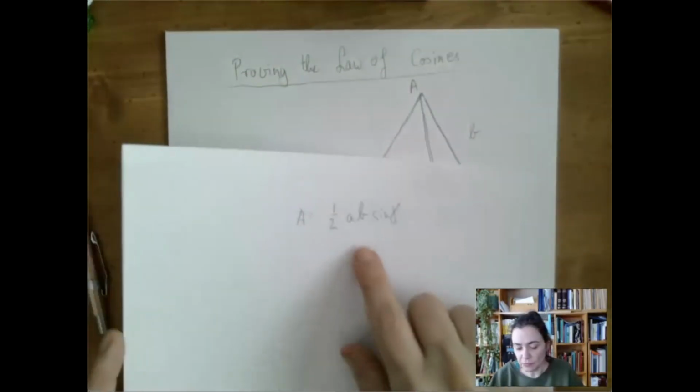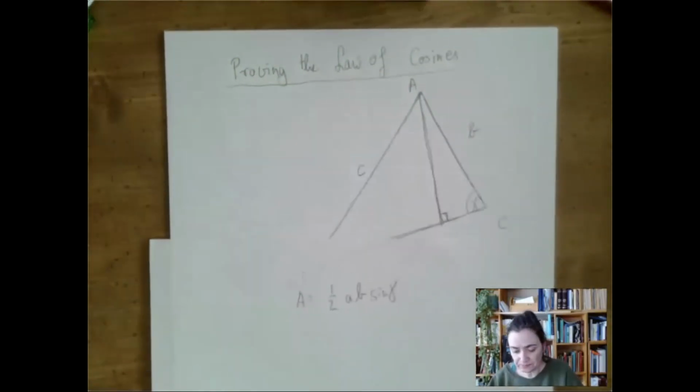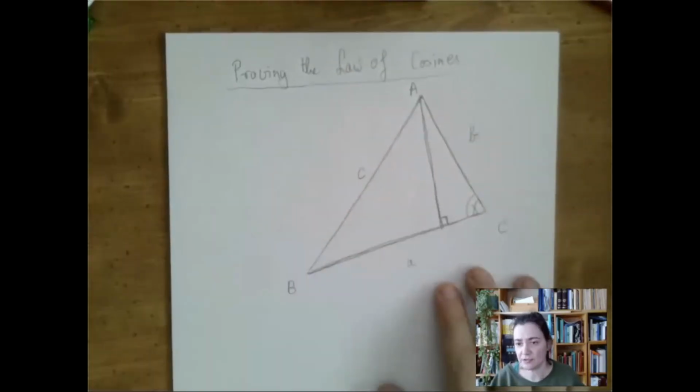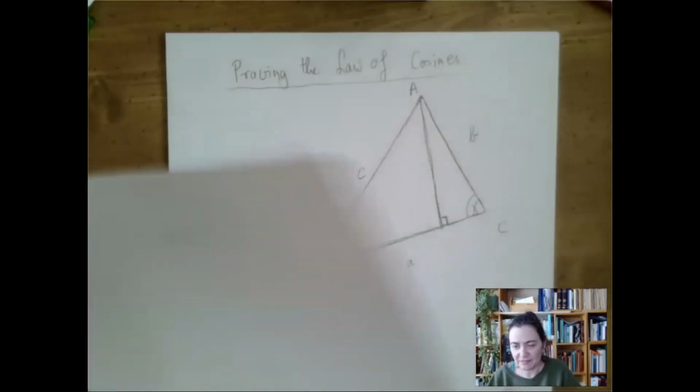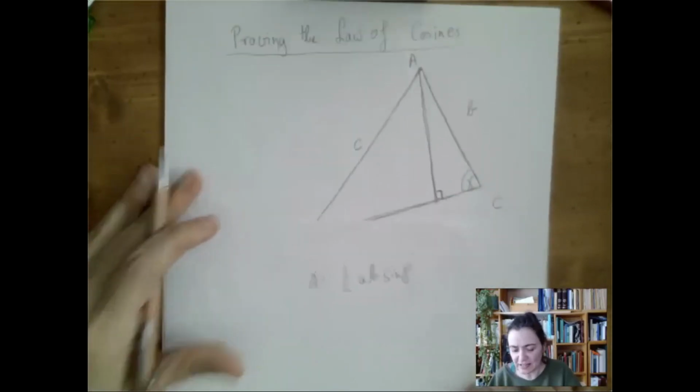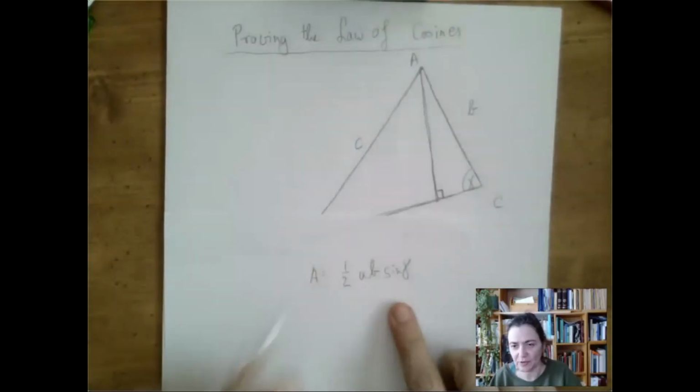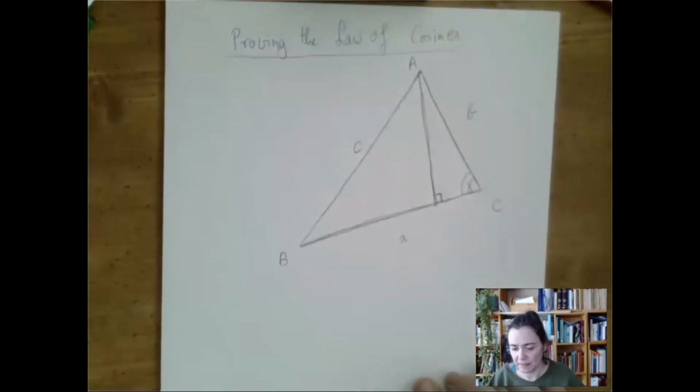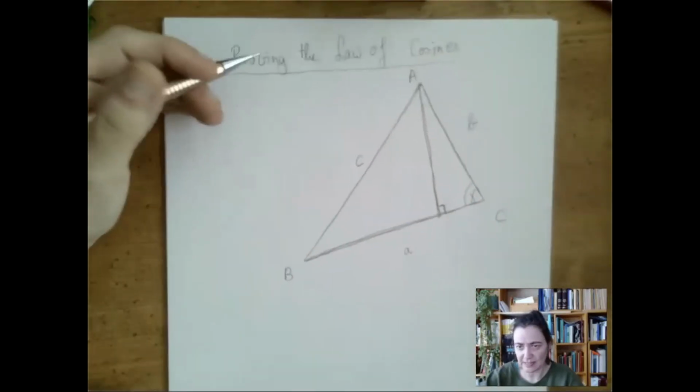And to prove this theorem, basically, we had the same picture. We used 1/2 a times h, and h turned out to be b times sine gamma. It was just that simple. It's the same picture for the law of cosines.